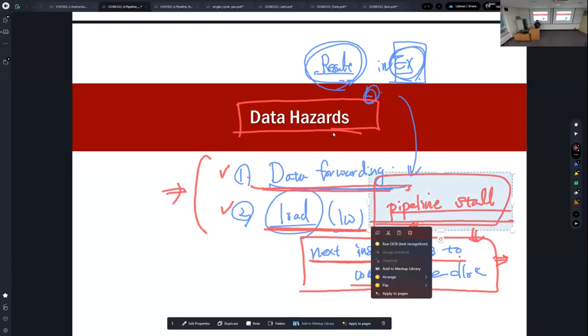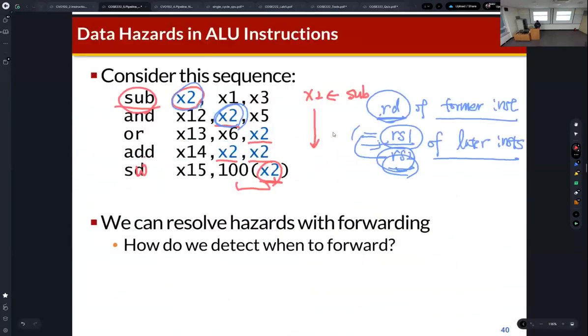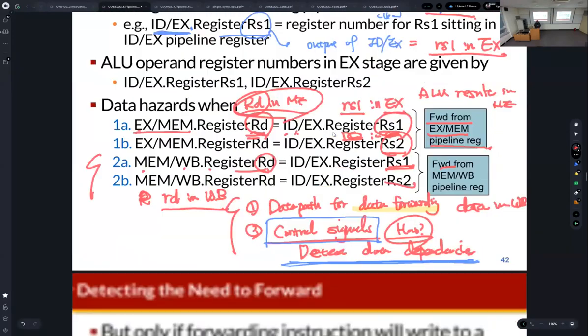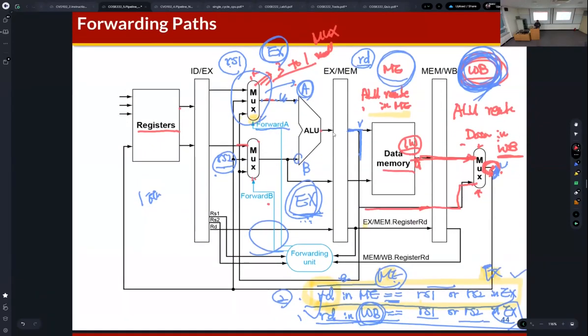So this behavior needs to be implemented in the pipeline processor. That's what I explained in the lecture. This is a very important part, and it's also a little bit tricky.